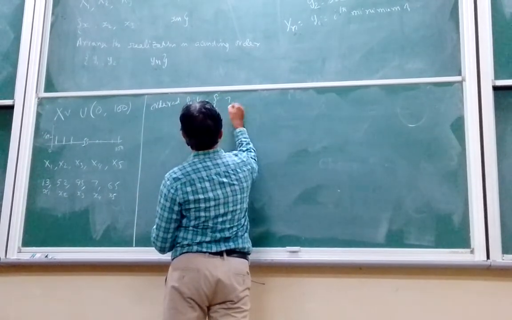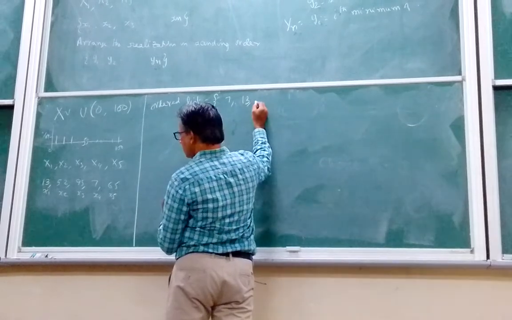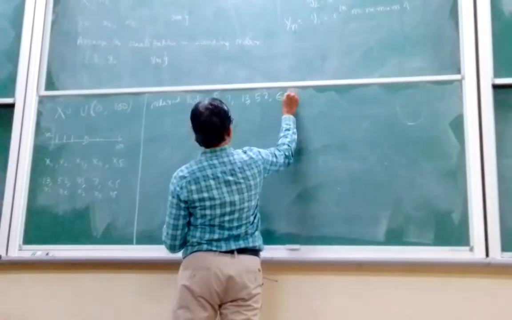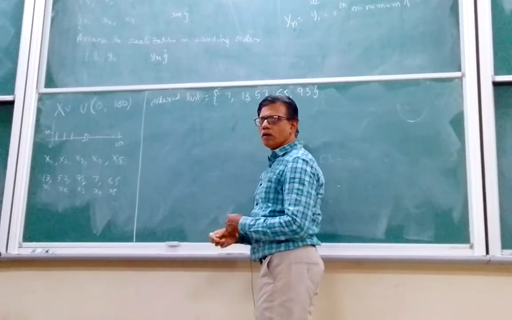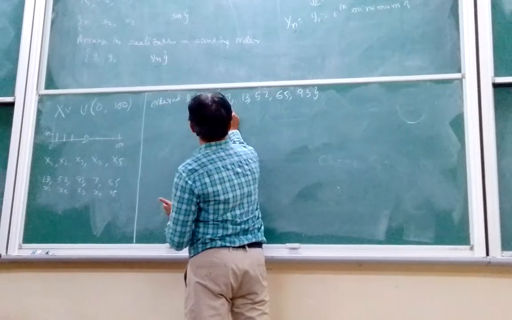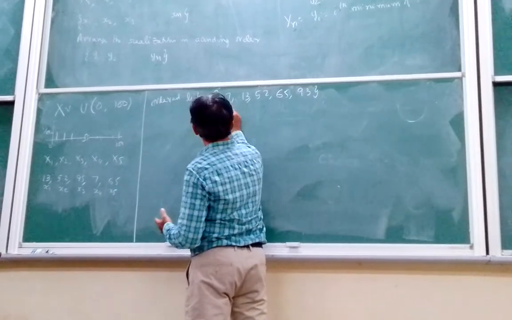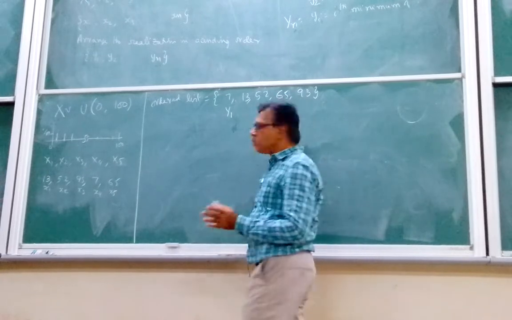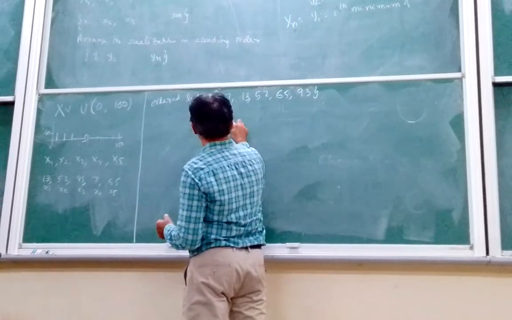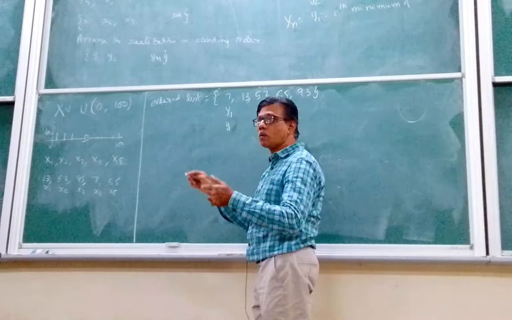First I will get 7, then 13, then 52, 65, and then 93. Whatever comes first, I will call the random variable capital Y1, whose actual value, small y1, turns out to be 7 in this experiment.